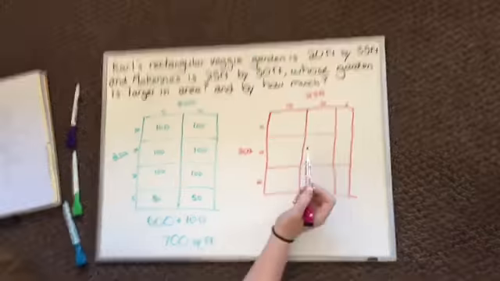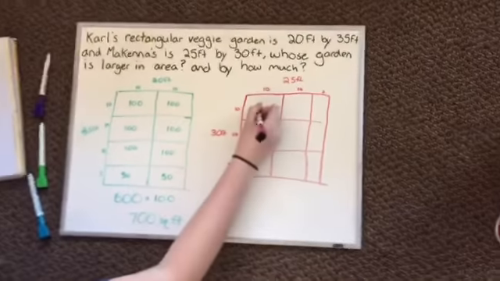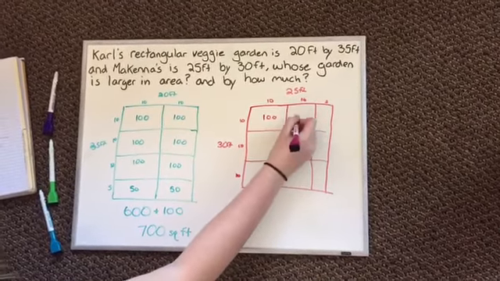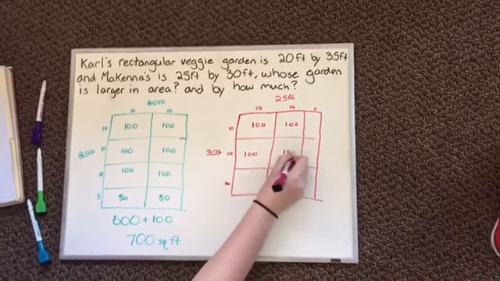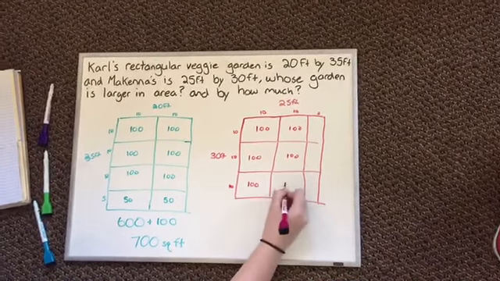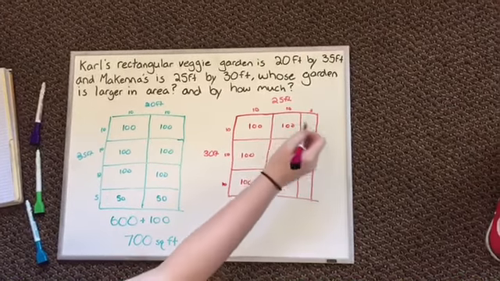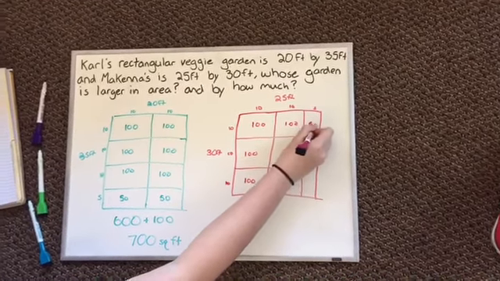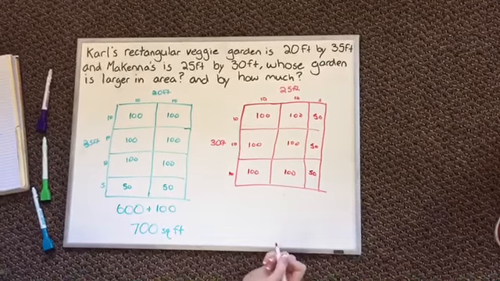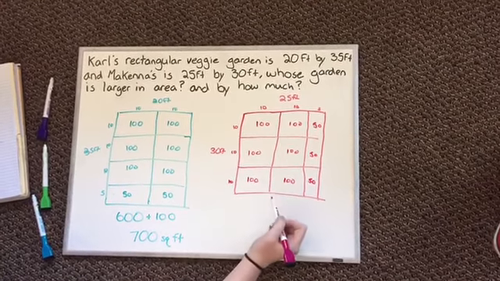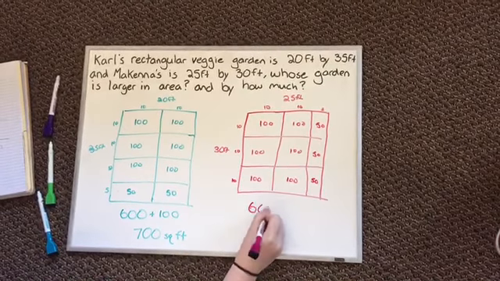Now we're going to find the area of each segment. So we have 10 by 10 to get 100 in our first 6 segments. And now we have 10 by 5 to get 50 for the next 3. So we're going to add them up again. We have 6 100s, so 600.